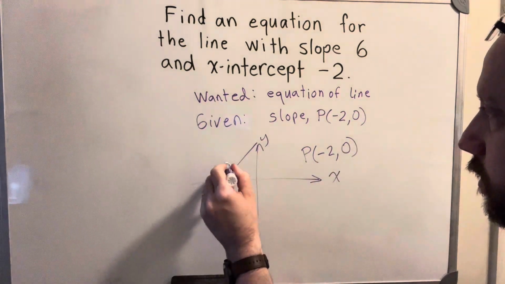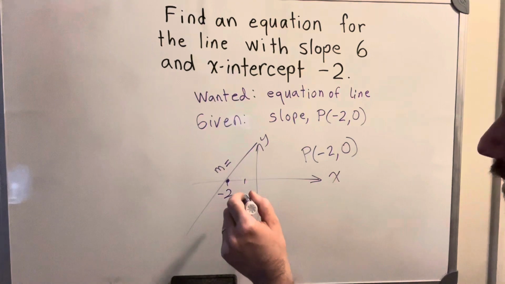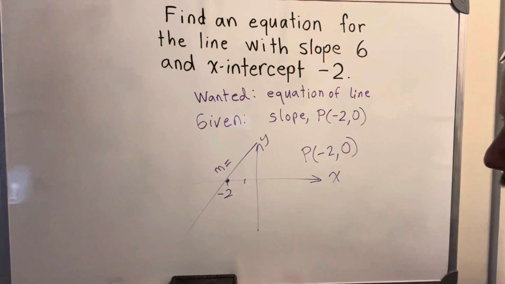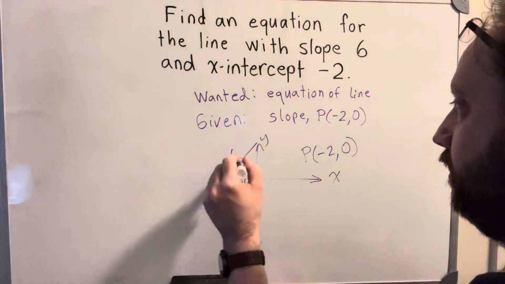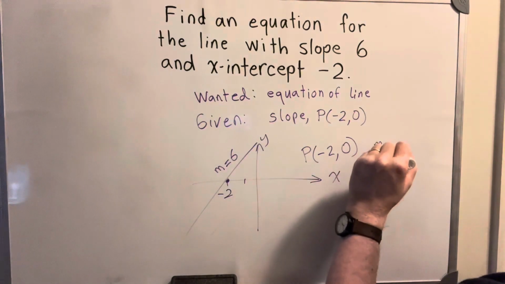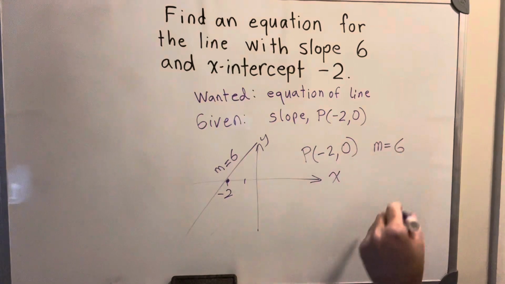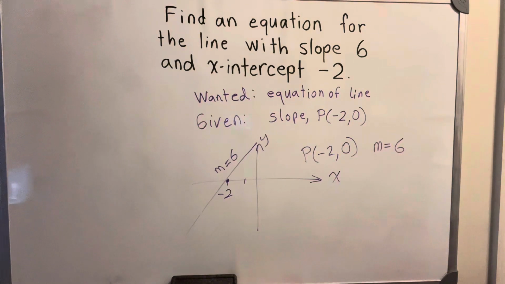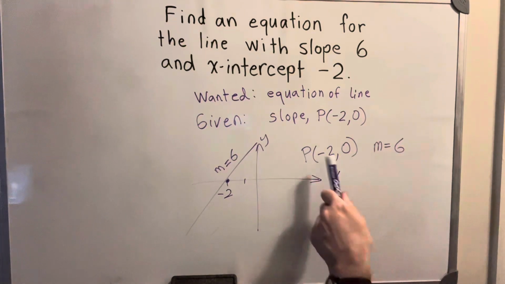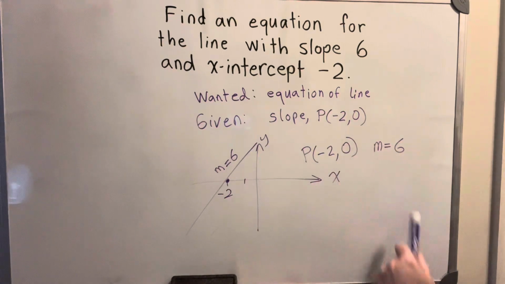And also, we know the slope, which is often written with the letter m, that's just convention by now, is 6. So now we have a point and a slope, and we need to figure out what's the equation of the line that passes through this point and has this given slope.